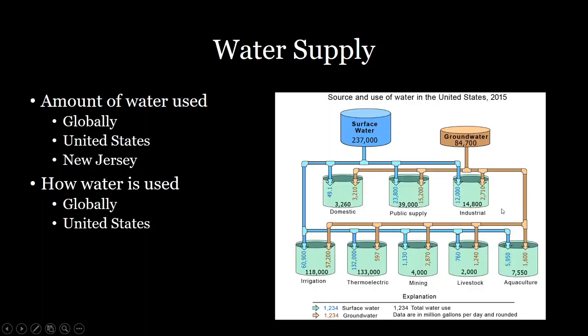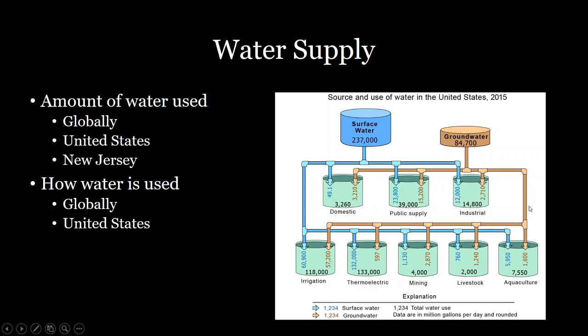We can look at individual industries and see how they spread, whether they're taking surface water or groundwater for their water use. For example, industrial water use is predominantly using surface water in the United States, whereas mining industries predominantly use groundwater supplies.